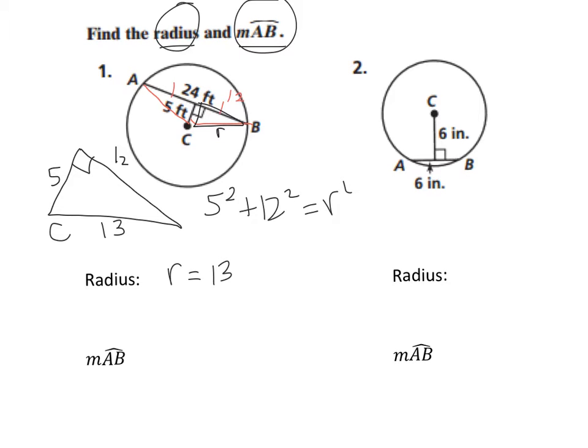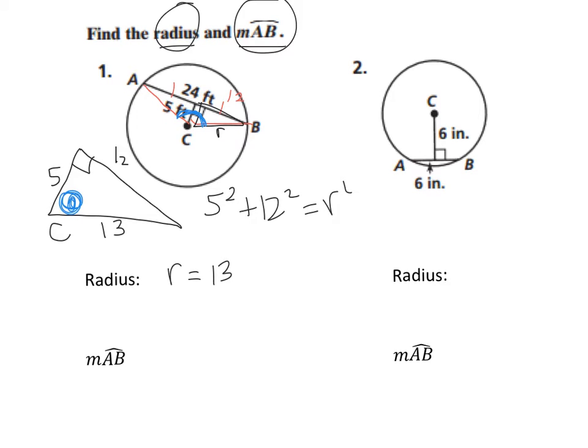Okay, so this angle right here plus this angle is going to be the measure of the arc. So the blue part. So this part right here corresponds right here. That's half. So what I'm going to do is I'm going to find the angle of this blue angle and double it, multiply it by 2 because I need this part.